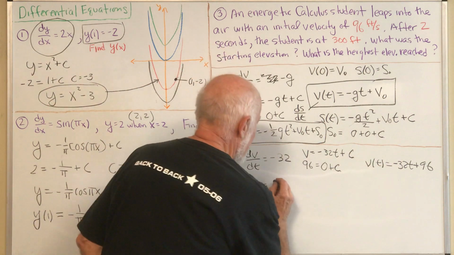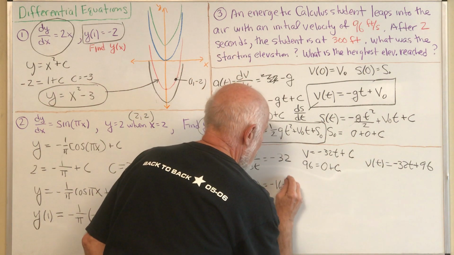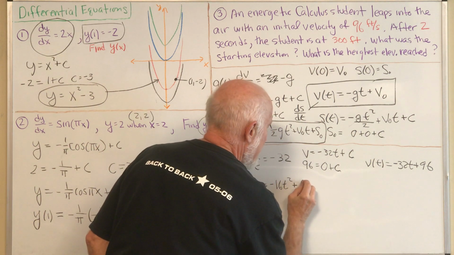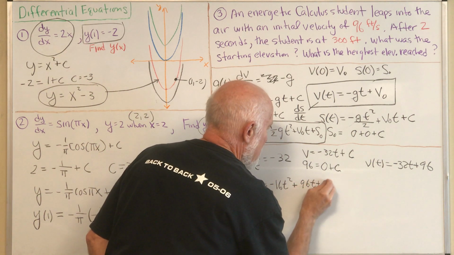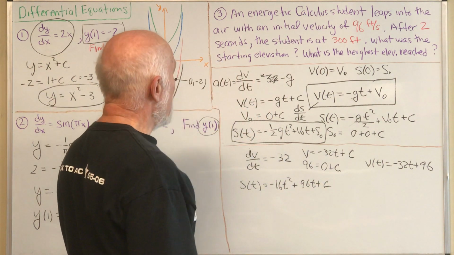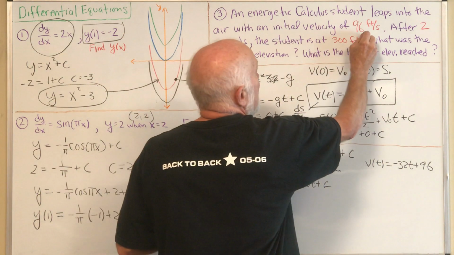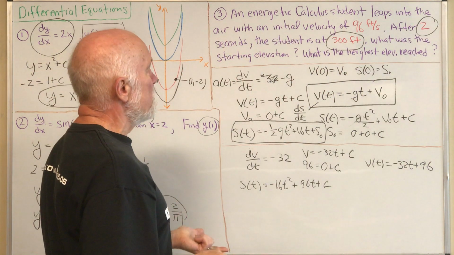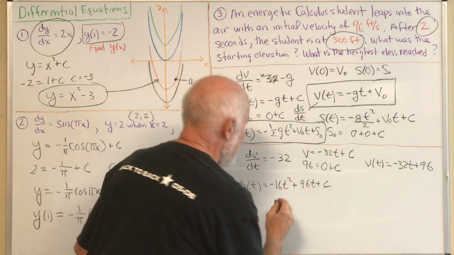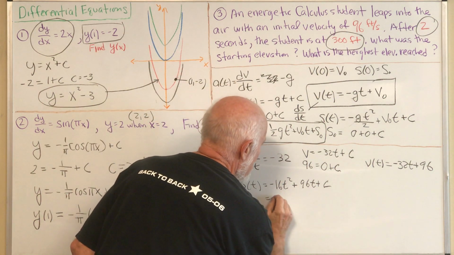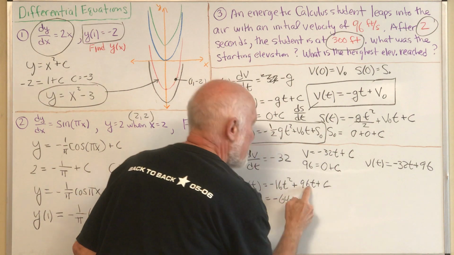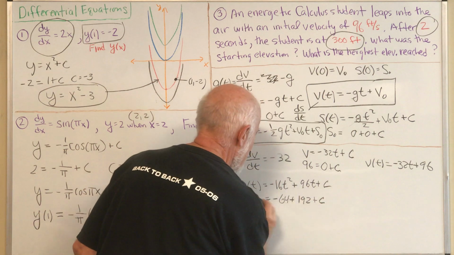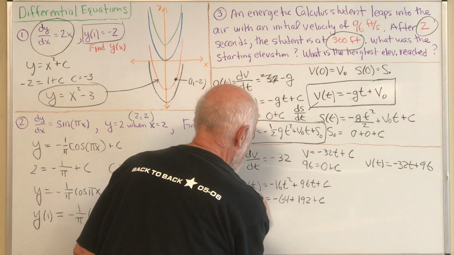So we get negative 16t squared plus 96t plus c. And what do we know about the position? It's 300 two seconds after you jump. So 2 seconds after you jump, t is 2. So it would be negative 64 plus 192 plus c equals 300.